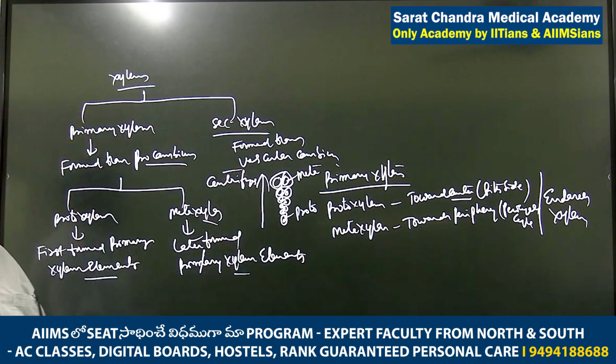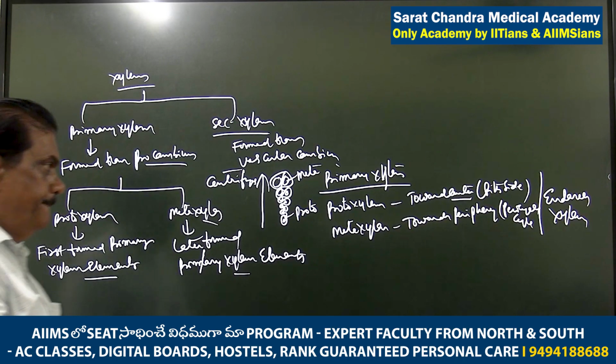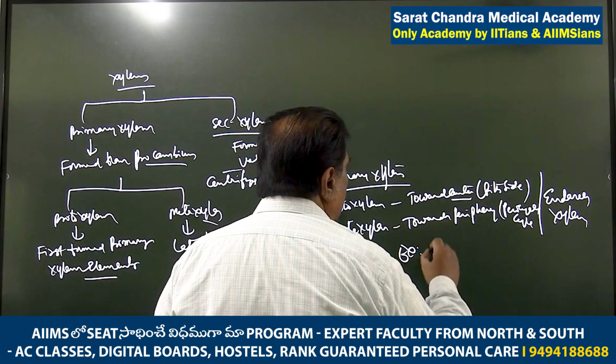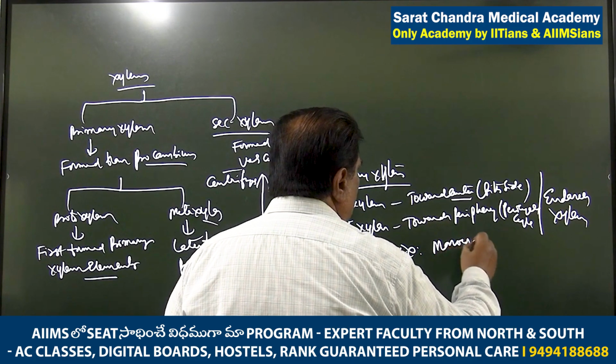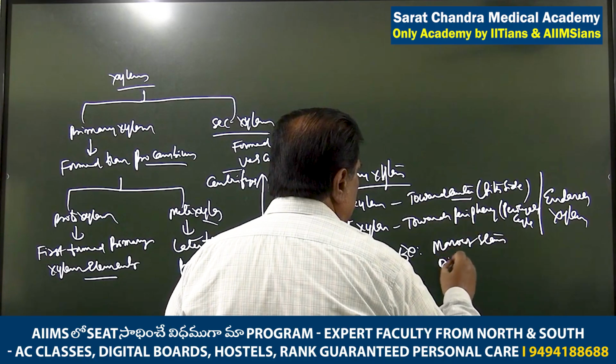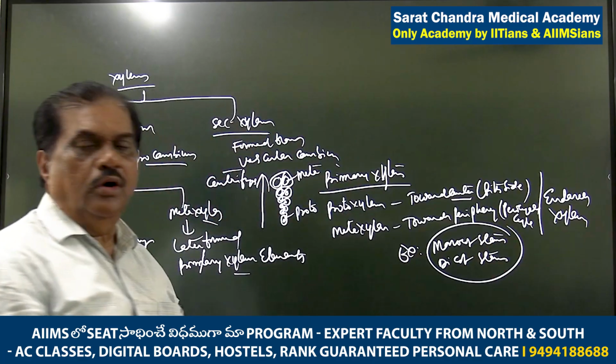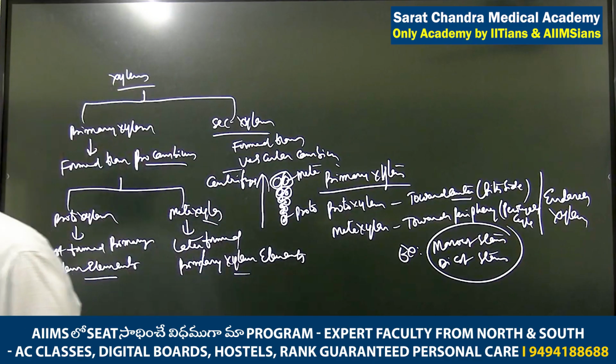So endarch xylem is arranged centrifugally. Centrifugally arranged xylem is called as endarch. So having endarch xylem is the characteristic feature of both the monocot stem and dicot stem.